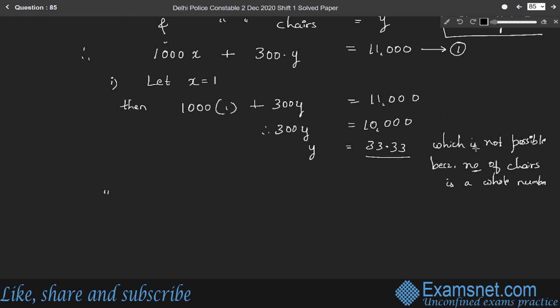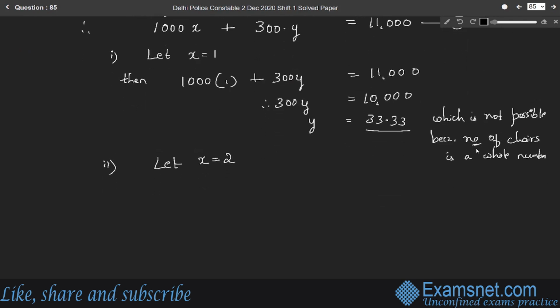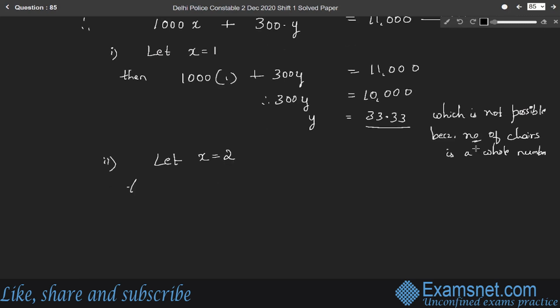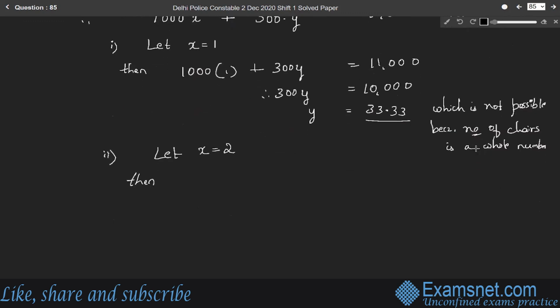So in the next situation where X is equal to 2, the number of cupboards is 2, right? Then equation 1 becomes 1,000 into 2 plus 300Y is equal to 11,000, right?